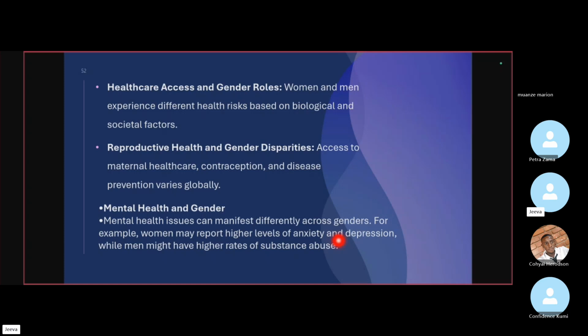So that is how inequality between the genders occurs in health. Is that clear?